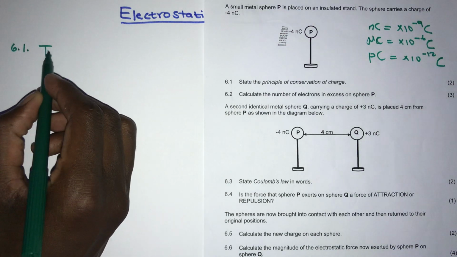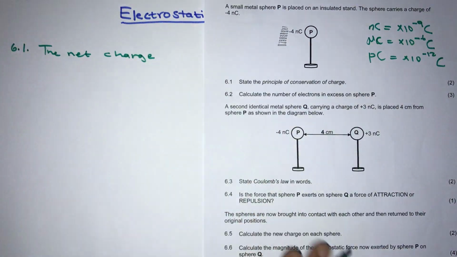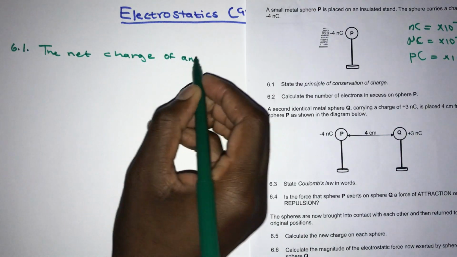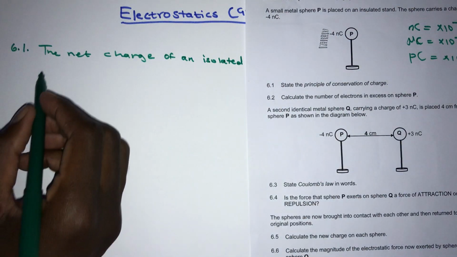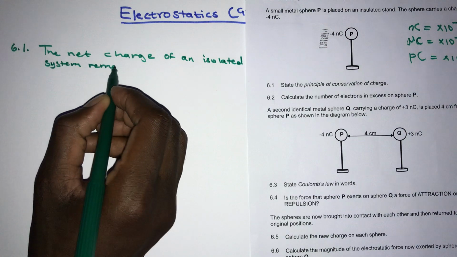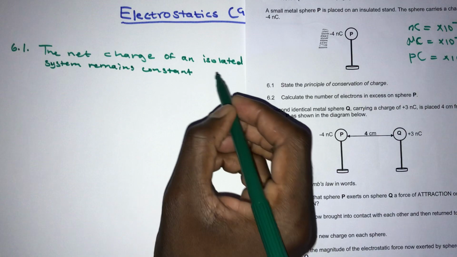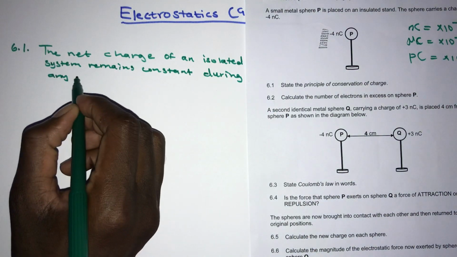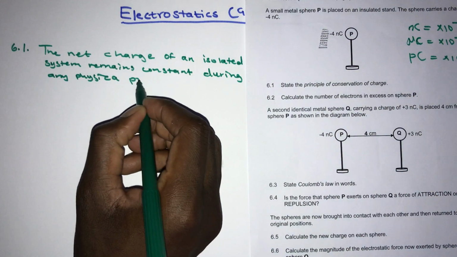The net charge of an isolated system remains constant during any physical process.